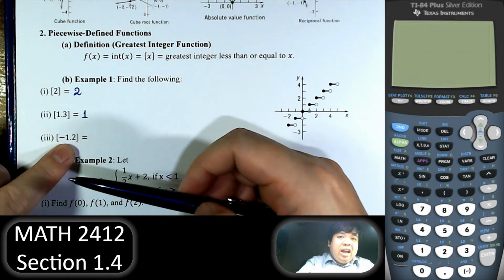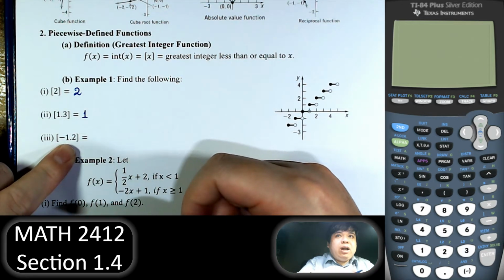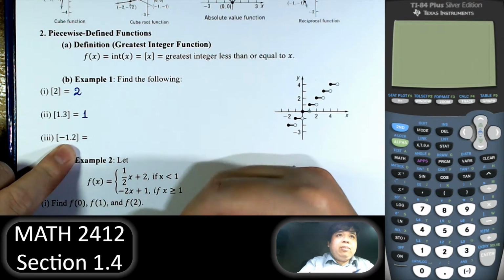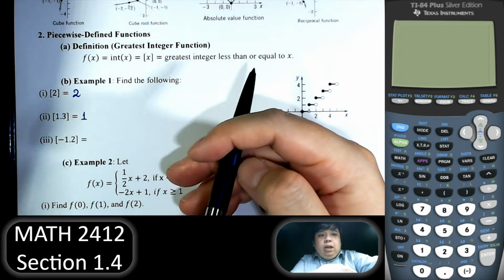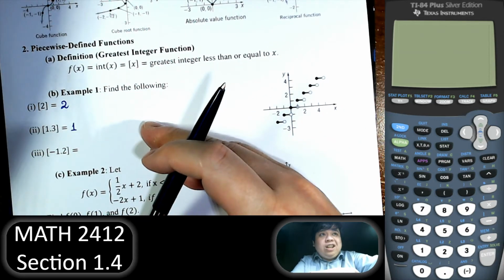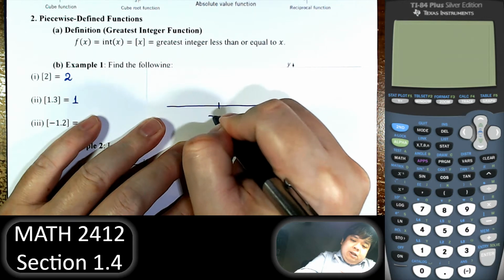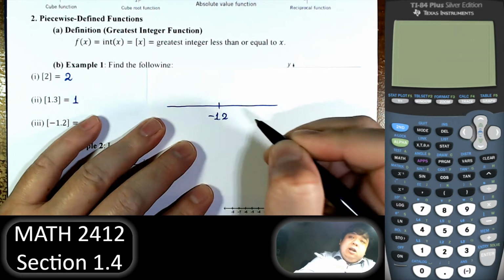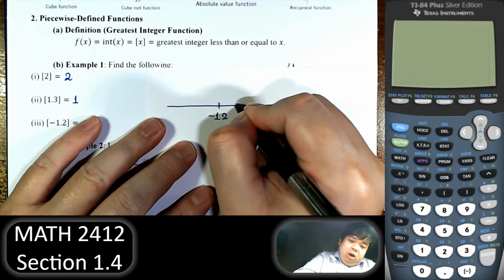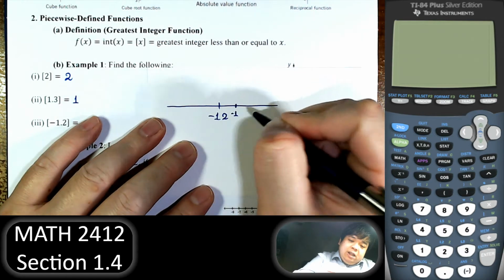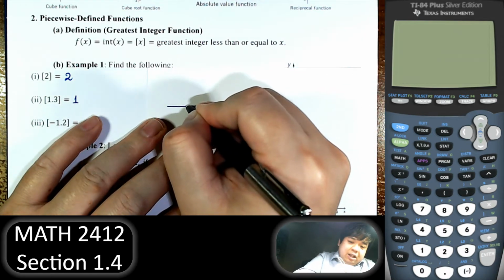Negative 1.2. How do we do that? What is the greatest integer that is less than or equal to negative 1.2? Negative 1 is greater than that number, so we go to negative 2.